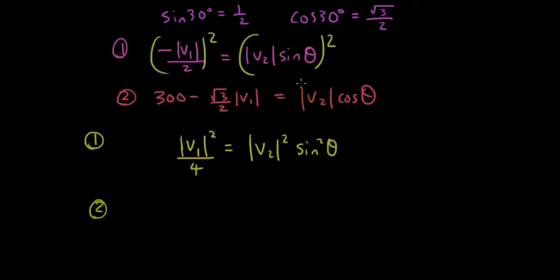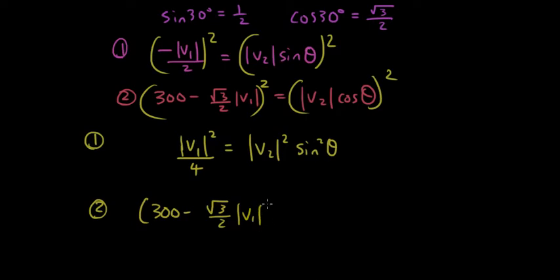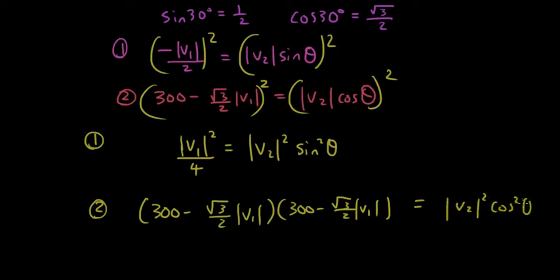Equation 2, if I square both sides, let's do the left hand side first. So I have 300 minus square root of 3 over 2 v1 times 300 minus square root of 3 over 2 v1 equals v2 squared cos square theta.